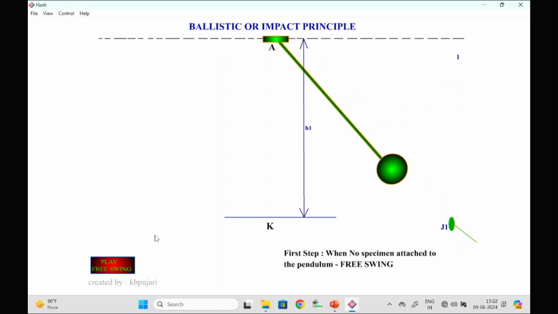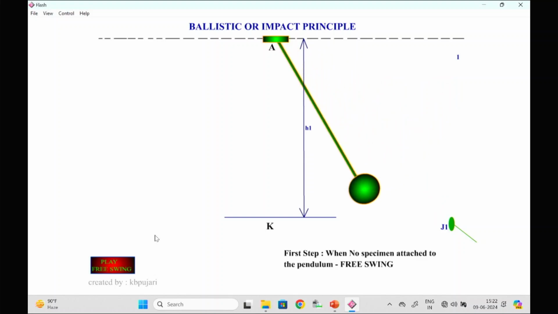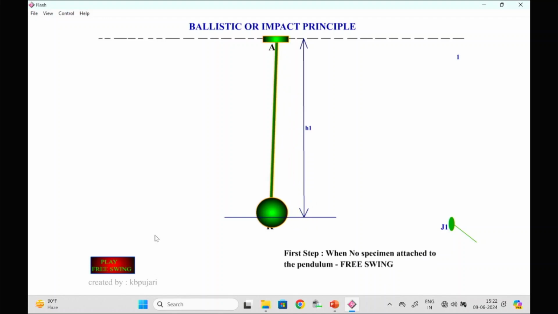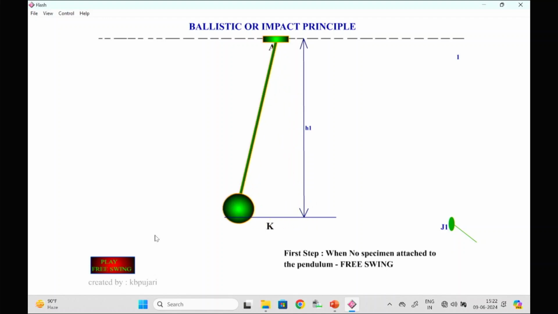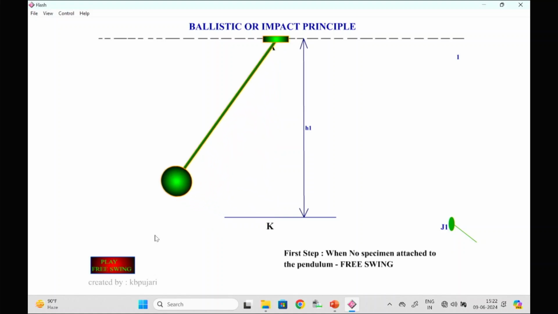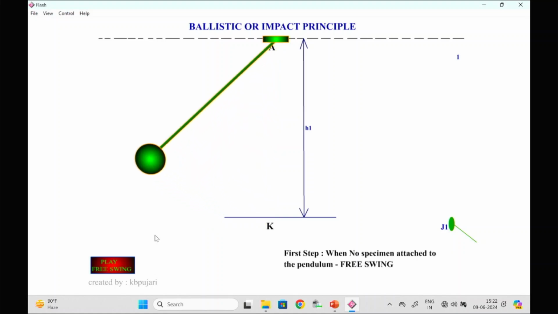With that assumption, when we release the pendulum from the horizontal position, it swings up to the horizontal position at the other end.